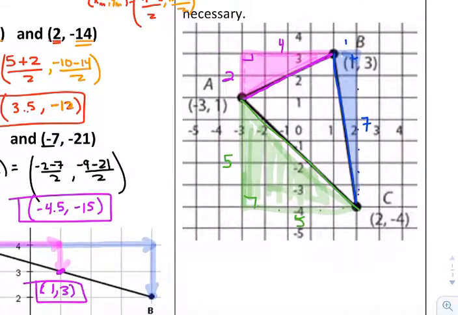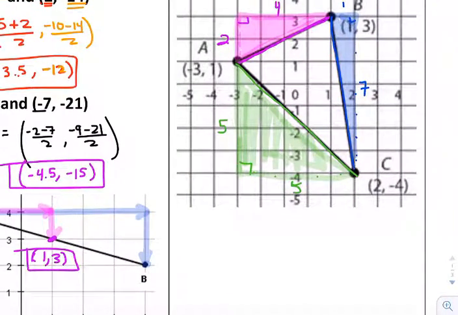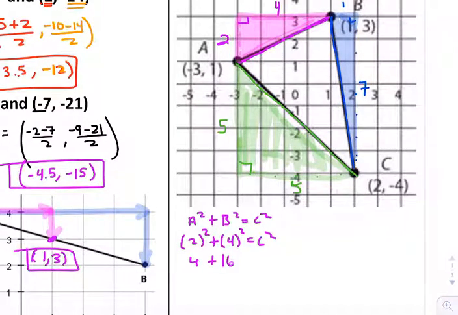Okay. And so using the space below, let's solve the purple one first. So using our Pythagorean theorem, a squared plus b squared equals c squared. The a value is 2, and the b value is 4. I'm pulling those right off the triangle above. So that'll be 4 plus 16 is c squared. So 20 is equal to c squared.